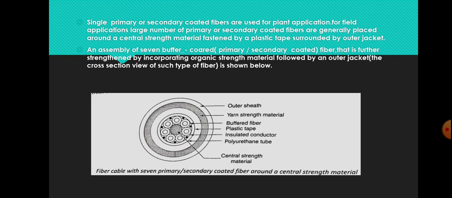So an assembly of 7 buffer coated fibers is shown in the figure, and that is strengthened by incorporating an organic strength material, and that is then covered in an outer jacket. And here there are 7 fibers, and these fibers are arranged around the strength material, and the central strength material is also shown.